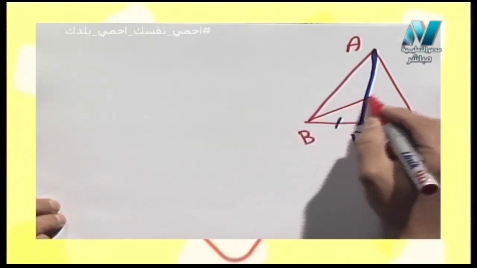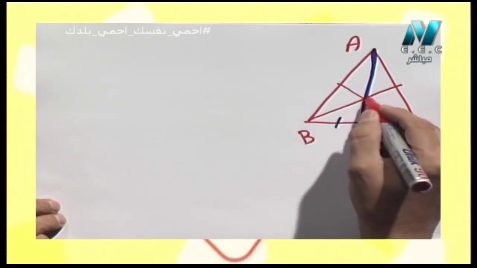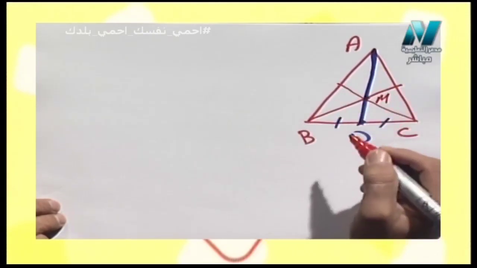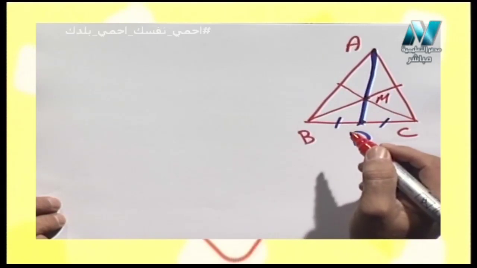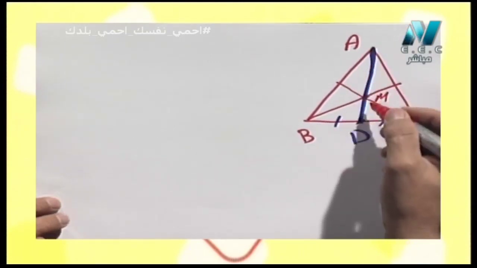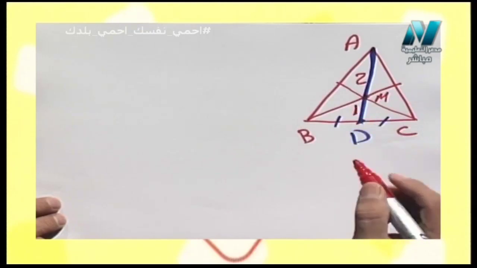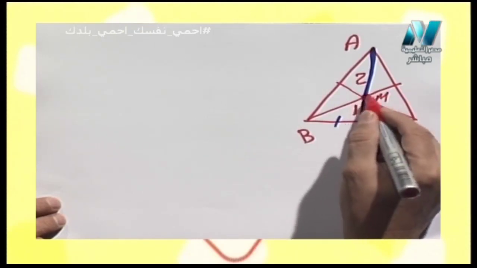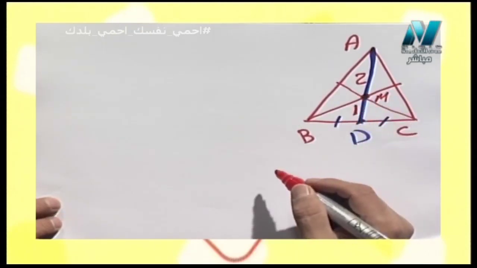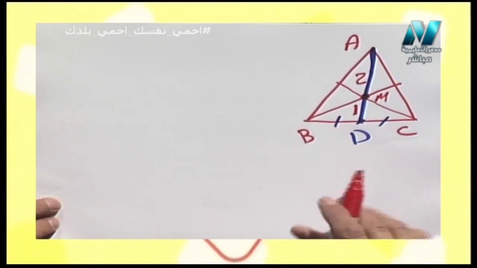If we have another median here and a third median here, they will intersect at the point M, from the previous studying. And we know that AM equals double MD. We have known that the point of concurrence, or the point of intersection of medians, divides each median by the ratio.